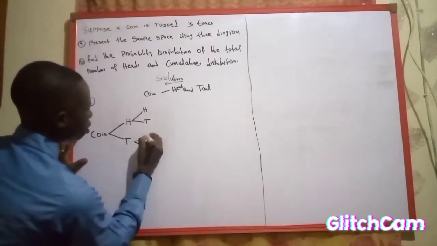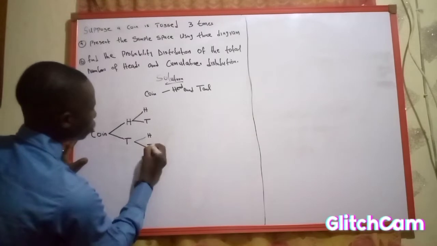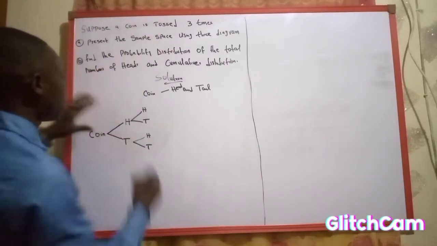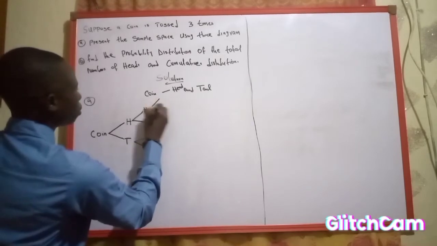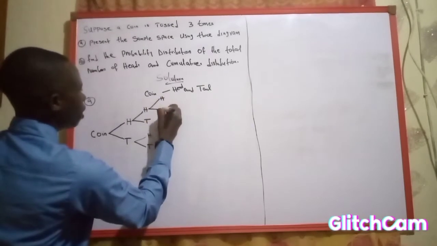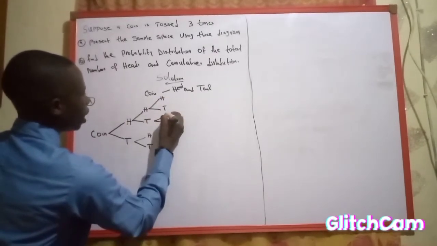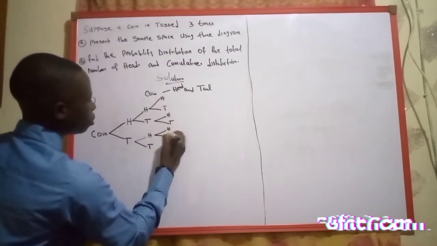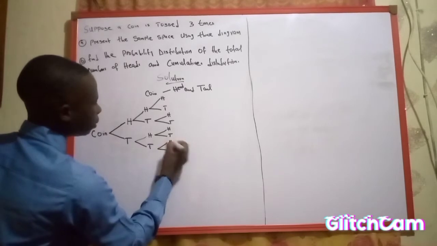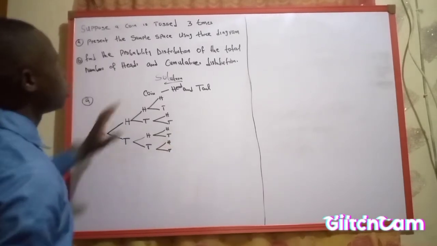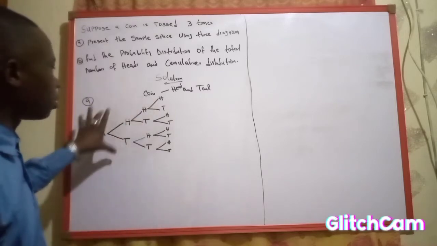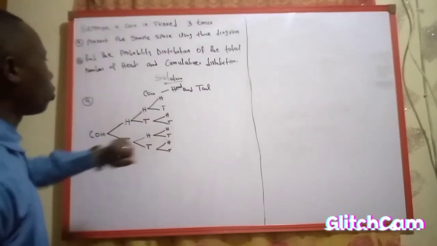This is the second toss. Then the question says we should toss it 3 times, so this is the third toss. You toss it, you have head, tail, head, tail, head, tail, and head, tail. This is the tossing of a coin 3 times with the use of a tree diagram.